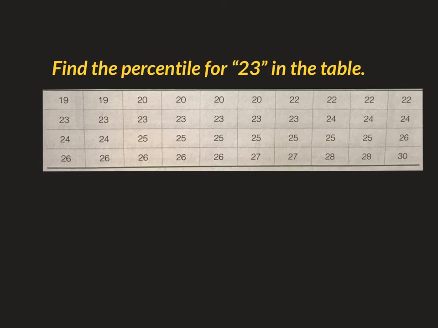It says find the percentile for 23 in the table. There's a lot of 23s, and when that's the case, we're going to take the first 23, which is right here. So I'm going to count how many numbers are less than 23. By the way, I've already counted. There are 40 numbers in this table. Each row has 10, which means there's 10 numbers less than the 23. There's 40 altogether. I'm going to multiply that by 100.